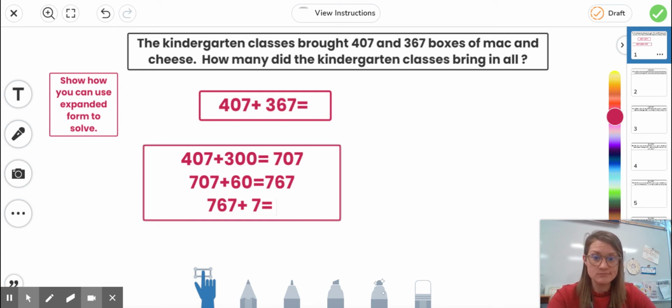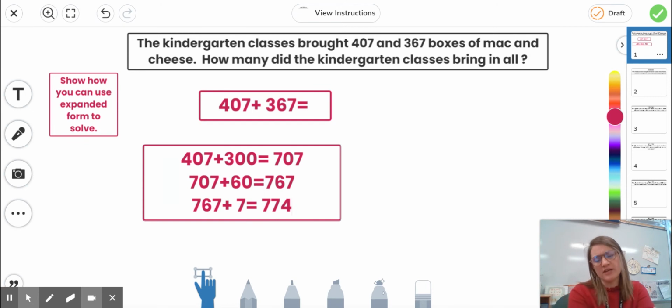So, I could do this lots of different ways. I'm thinking I know 7 plus 3 is 10. So if I break this 7 here into 3 and 4, I'd be at 774. I could add up by 1, 67, 68, 69, 70, 71, 72, 73, 74, 774.